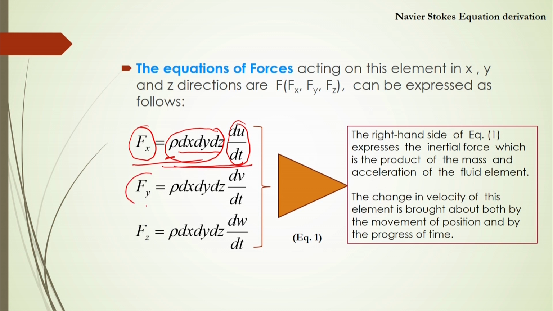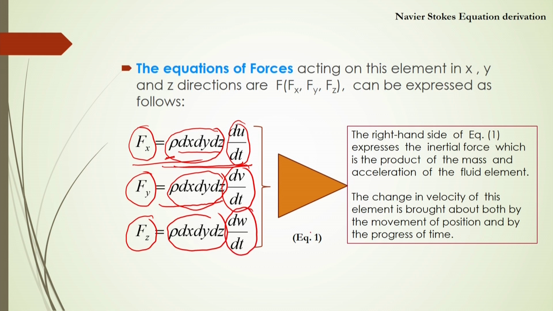Similarly, F y, the force in the y direction, will again be mass into acceleration in the y direction, that is dv dt. Similarly, F z, the force acting in the z direction, will be mass into acceleration in the z direction, that is rho dx dy dz into dw dt. Here u, v and w are the velocities in the x, y and z directions respectively.